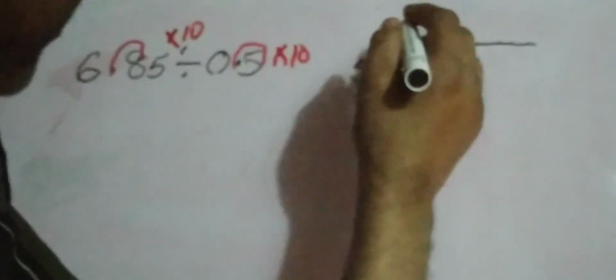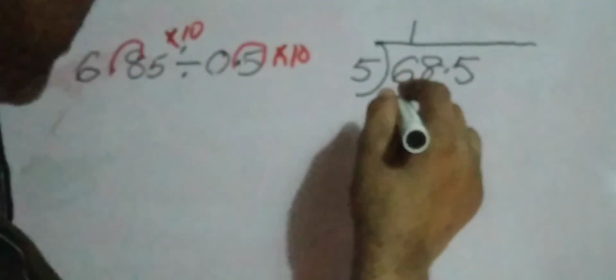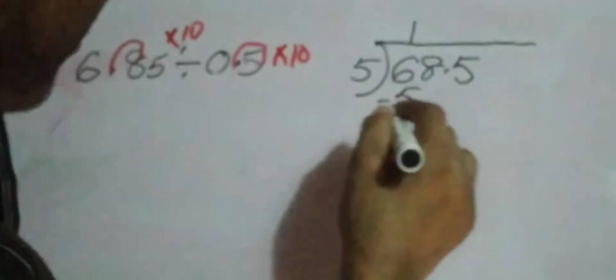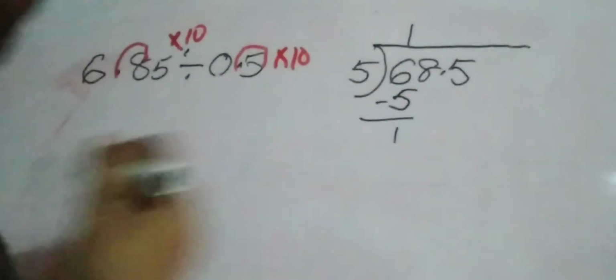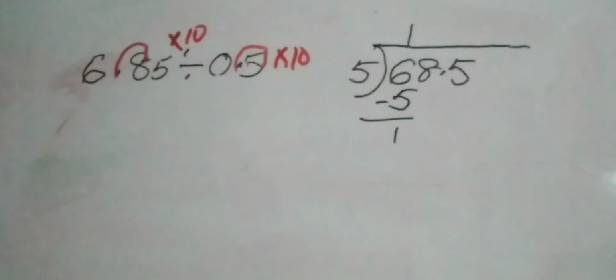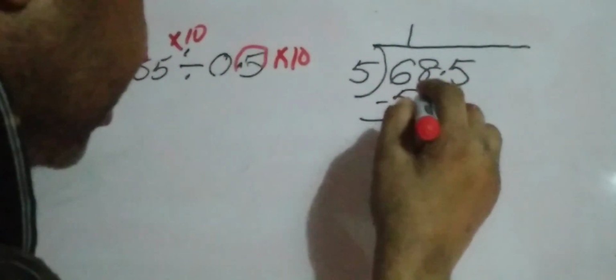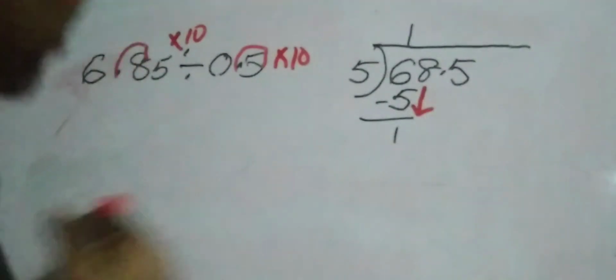Now we're going to say 5 into 6 goes one time. 5 ones are 5. 5 from 6, leave 1. Then the next step is to bring the 8 down, because 5 can't go into 1, so we're going to bring the 8 down to join the 1. So we're going to have 18 here.